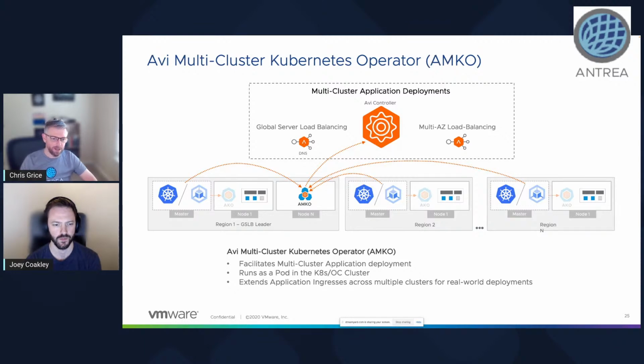Here we've got GKE, but it could be AKS, EKS, TKGS, TKGM, OpenShift, or vanilla Kubernetes. Most Kubernetes distributions we support. AMKO talks to the Avi controller, but it also talks to the individual clusters. And so if I deploy applications in site 1, site 2, and site N, I can bring all of those ingresses together behind one global service.